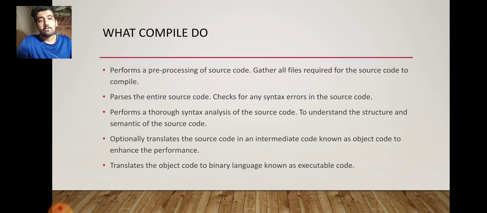What does a compiler do? A programmer writes source code, and the compiler is requested to process the source code. The compiler checks the entered source code for any syntax errors in the source code, then understands the structure and meaning of the source code, and performs the operating translation.